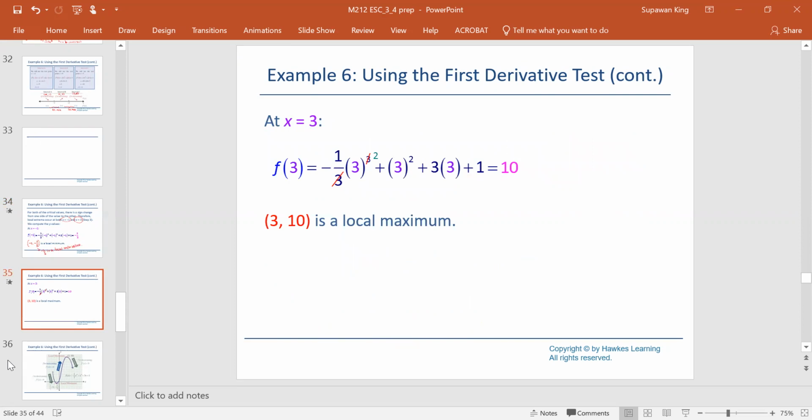Another critical point is at x equals 3, where we find the function value to obtain 10. This ordered pair (3, 10) is a local maximum point, where the value 10 is a local maximum value.